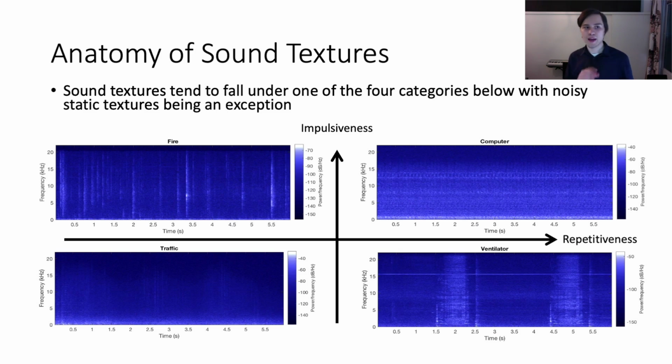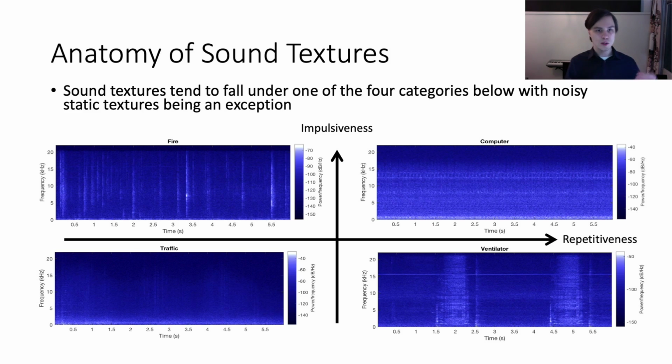Now to the anatomy of sound textures. We can in general categorize sound textures into 4 groups, and noisy or static textures, which don't really fit into any of these 4 categories. The 4 categories are impulsive, time-varying sounds, like the crackling of a fireplace.